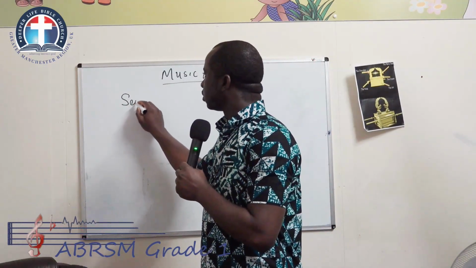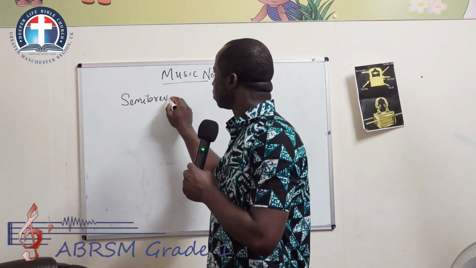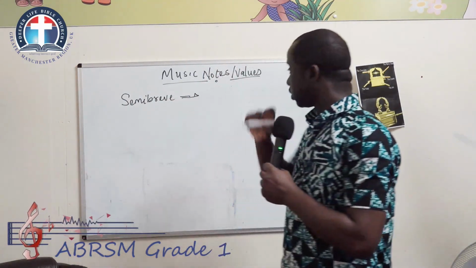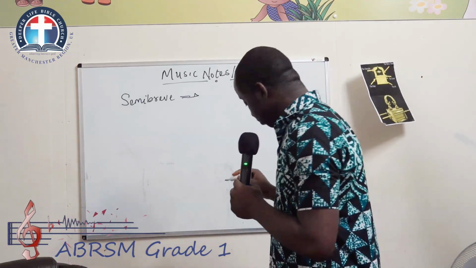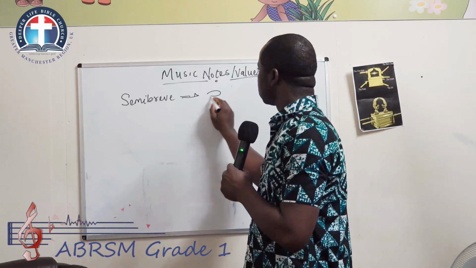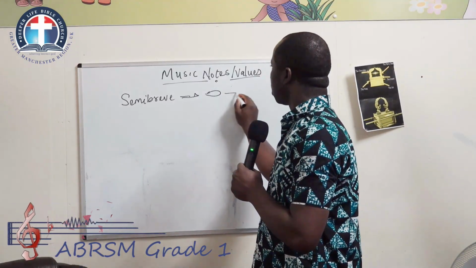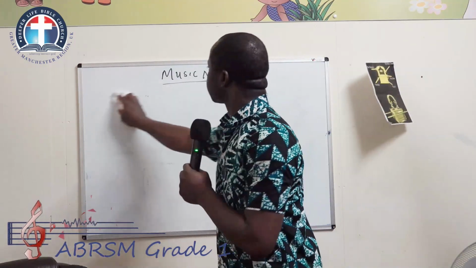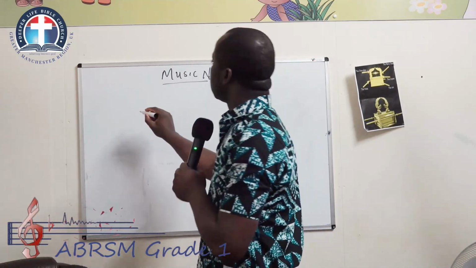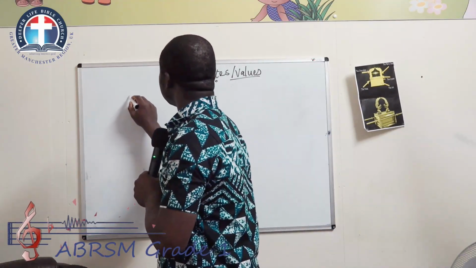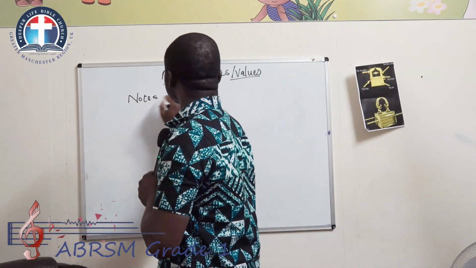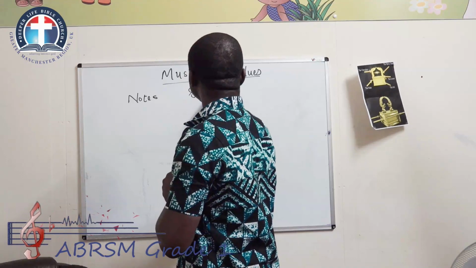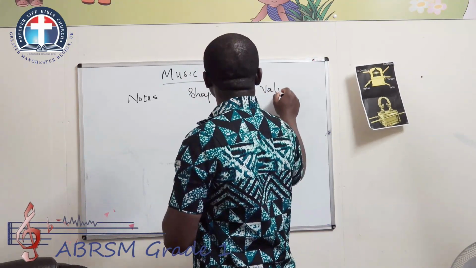Semibreve. And what's the shape? You remember? Like this. Okay? And what's the value? So let's do it this way so that we are consistent: notes, shape, value.